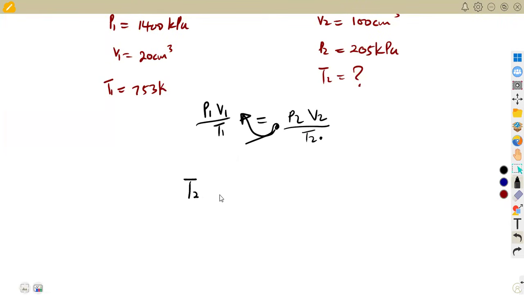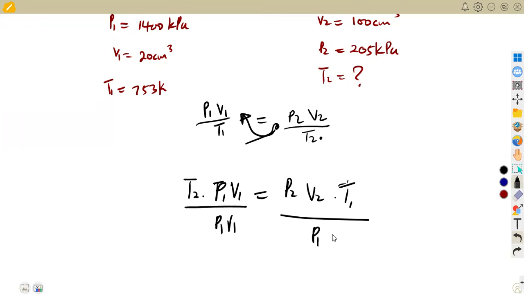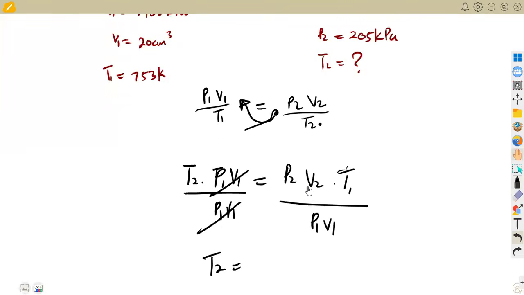That is going to be T2 times P1 V1 that we already have there is equal to P2 V2 times T1. So in order for you to determine this T2 that you want, you're simply going to divide by P1 V1. So this will cancel. So that means our T2 was going to be equal to this formula.